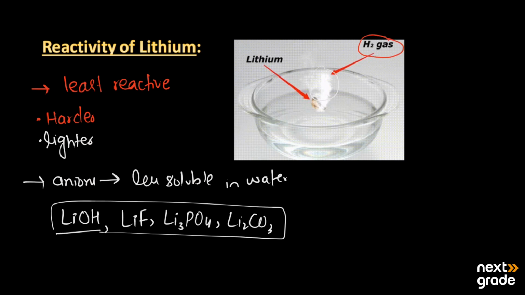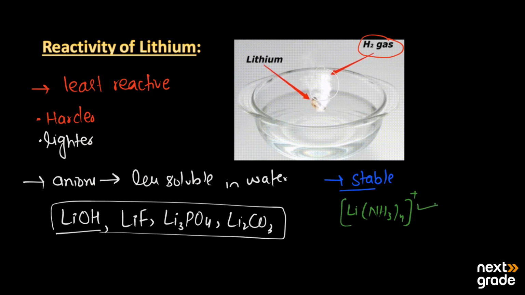On the other hand, when we talk about the complexes of lithium, lithium forms complexes that are stable. One of the stable complexes made by lithium is lithium amide, which is Li(NH3)4, and it has a positive charge.